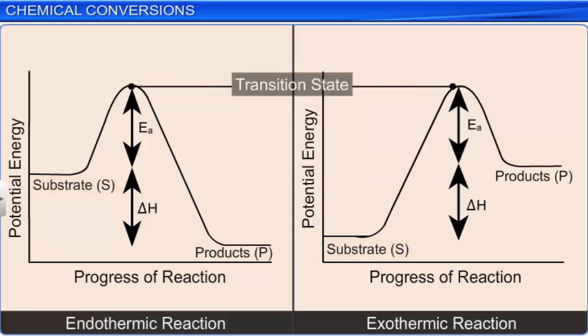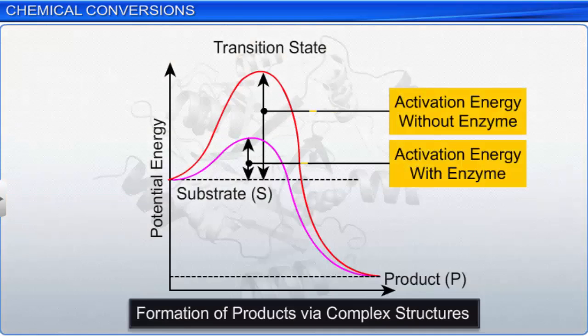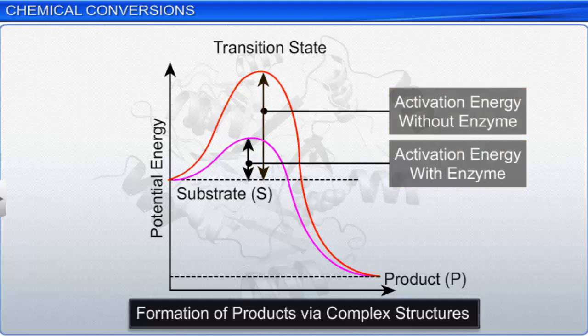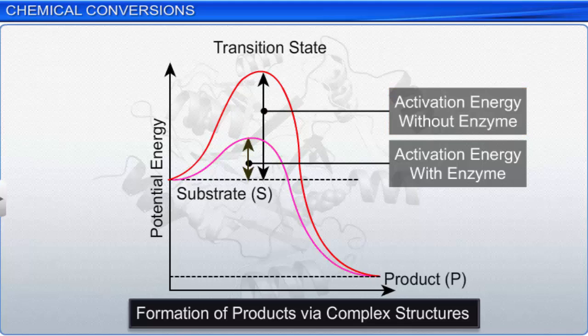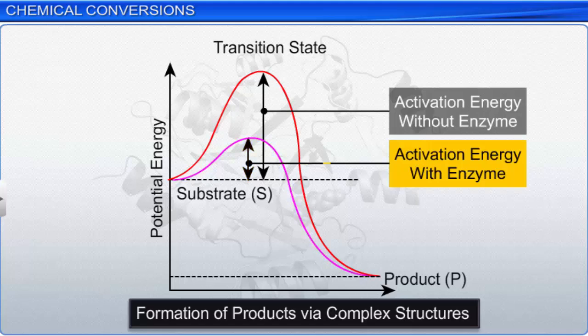In the graph, the red curve indicates that in the absence of an enzyme, the activation energy for a reaction is high. On the other hand, the pink curve shows that in the presence of an enzyme, the activation energy gets lowered, due to which the substrate transforms into a product quicker.